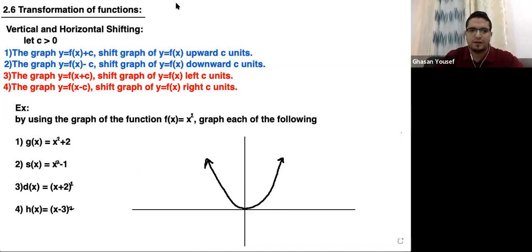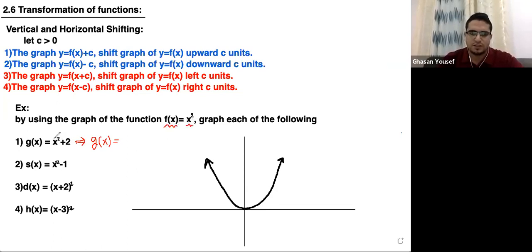If I want to rewrite this function to explain it more, I can write this one as g of x equal, instead of x squared here, I can represent it as f of x, because f of x equal x squared.